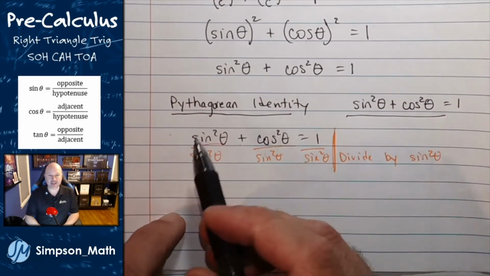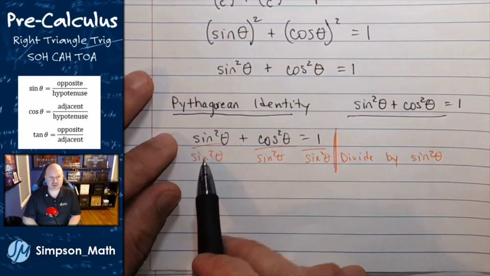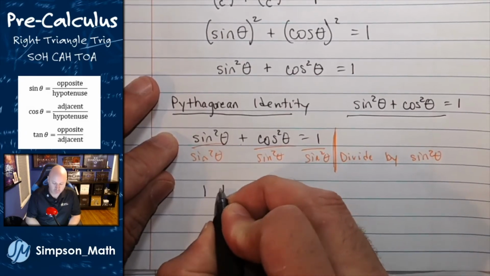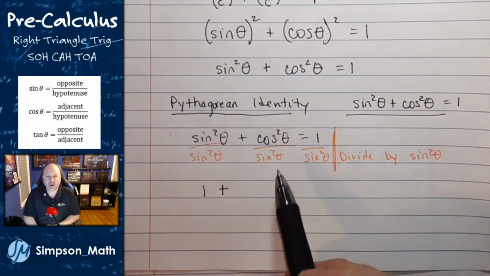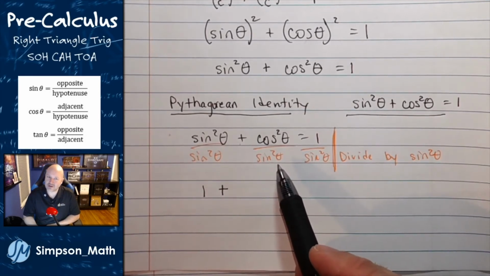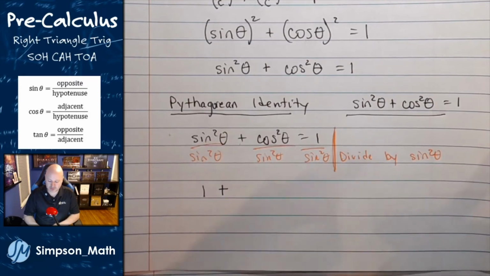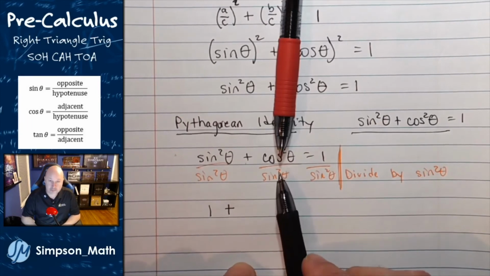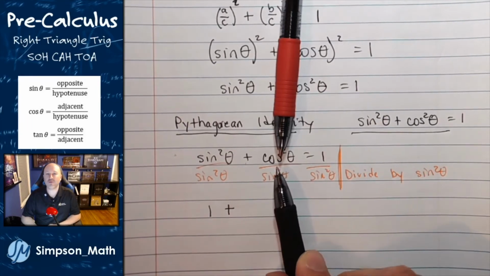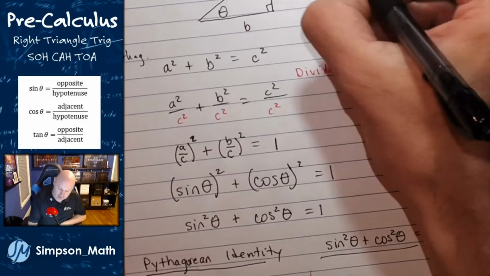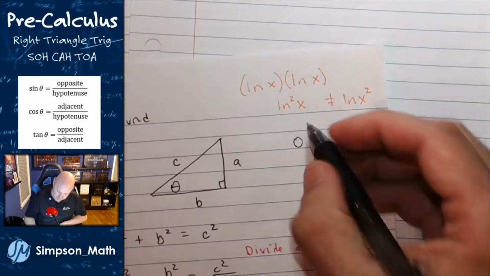Oh, whoa, okay, I see a lot of cool things. But let's start with this one. Sine squared divided by itself is going to be a cool looking 1. Now, cosine squared over sine squared, that should look somewhat familiar. Ignore the squares for just a little bit, because those may be new to us. But if I said, what is cosine over sine? Well, remember from a previous lecture, we had quotient identities.